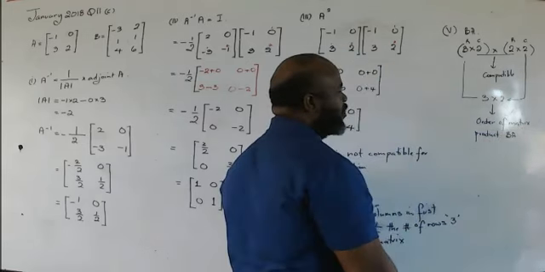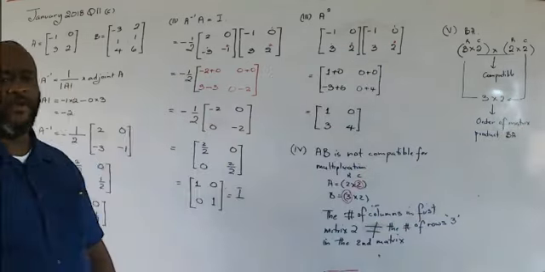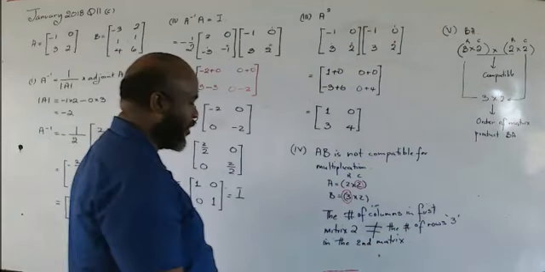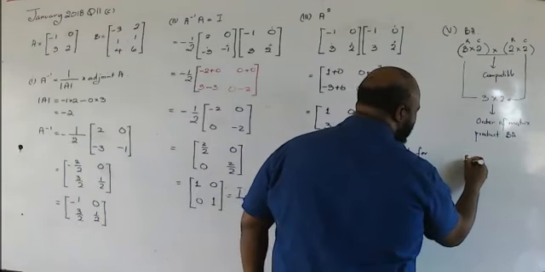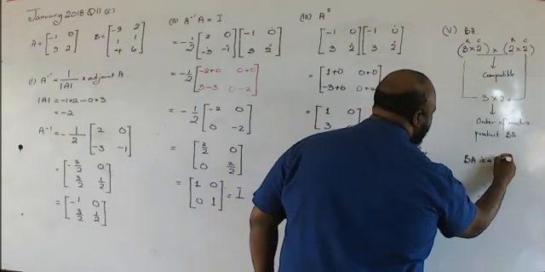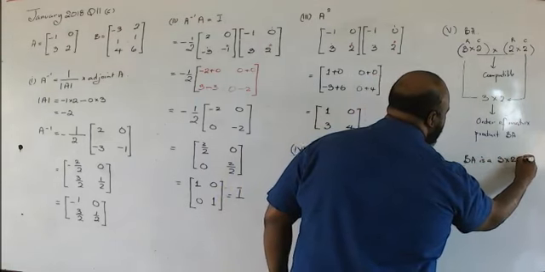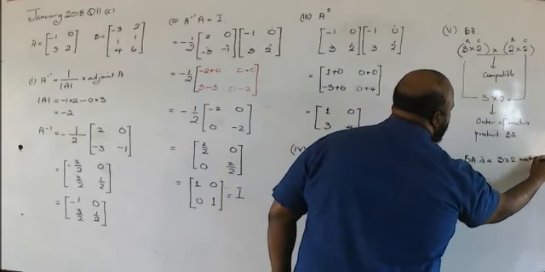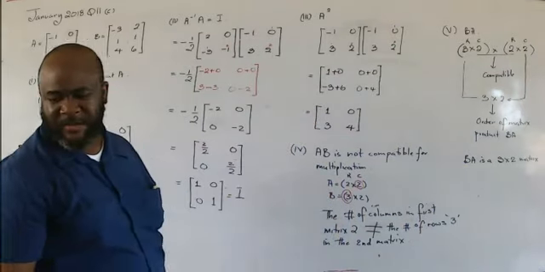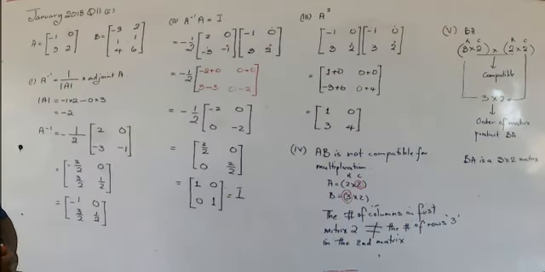The order of matrix product BA is 3 by 2. In other words, BA is a 3 by 2 matrix.